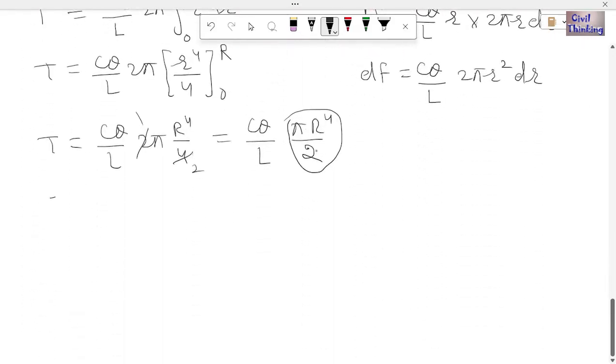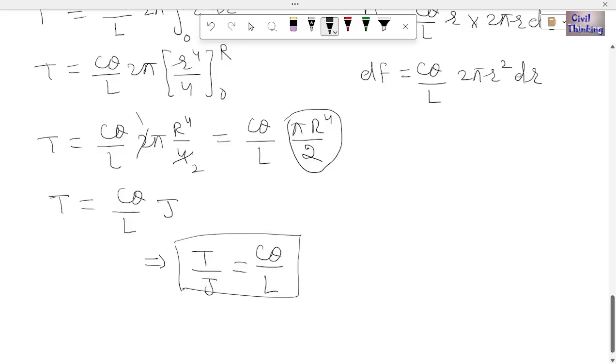So we will write J here. It means T is C theta by L times J. And when we rearrange it, we get T by J is C theta by L. Now this is our second equation.